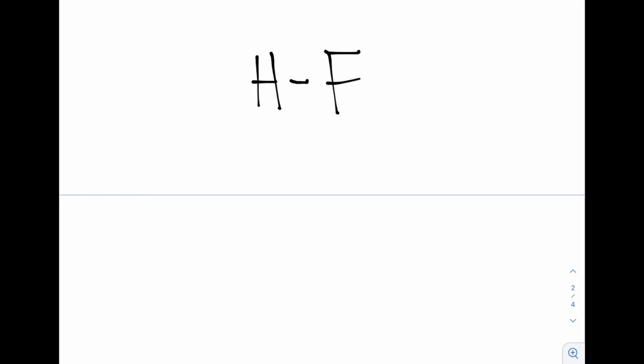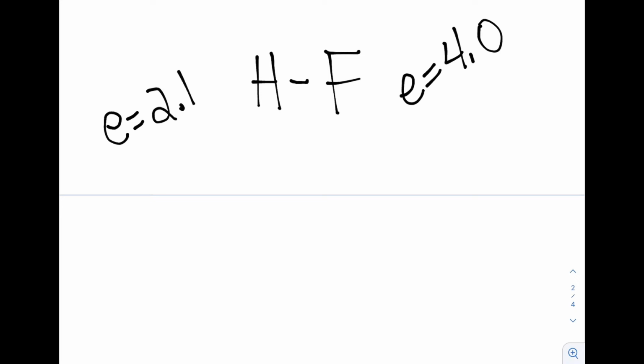We can determine if this is a nonpolar or polar bond by determining if the electronegativity between hydrogen and fluorine differs by less than or more than 0.5. In this case, the electronegativity value for fluorine is 4.0, and the electronegativity value for hydrogen is 2.1.